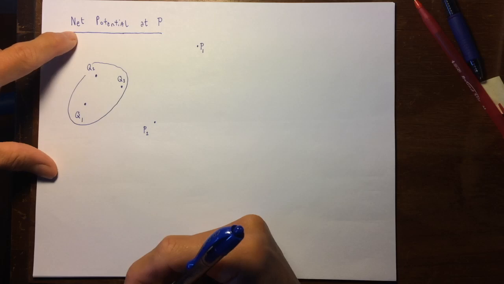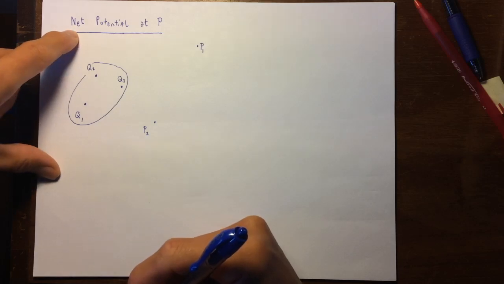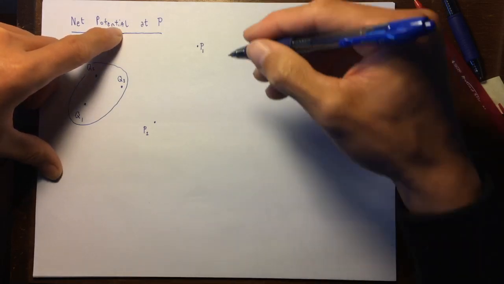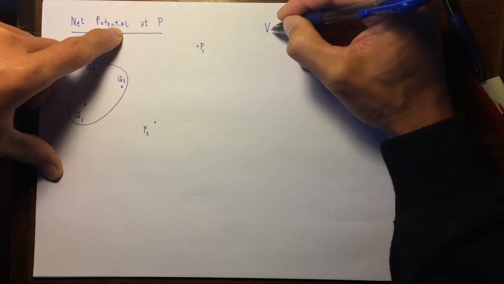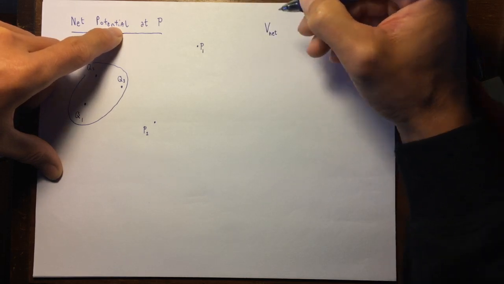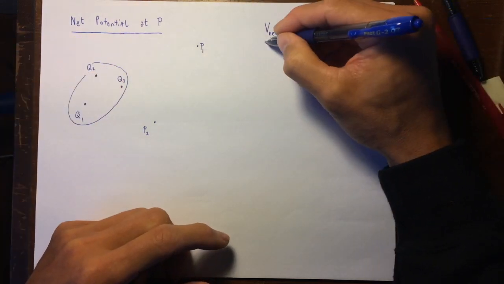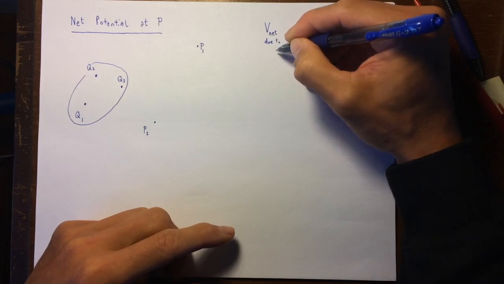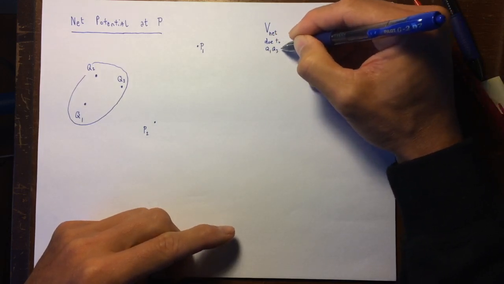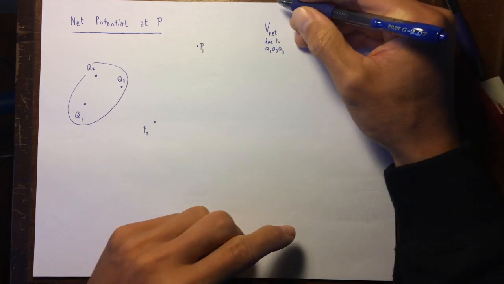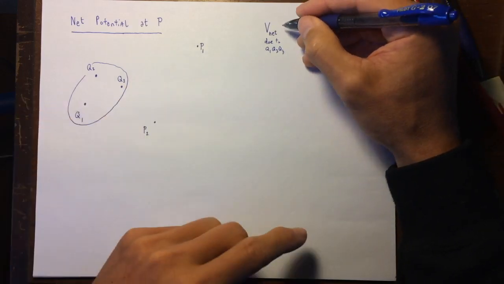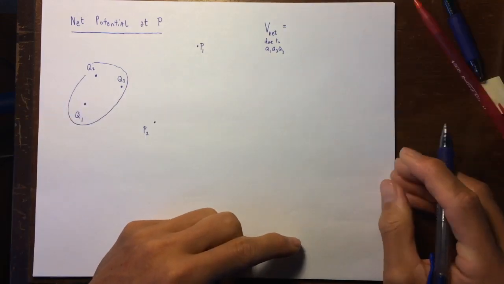So I want to describe how you can calculate the net potential V, due to Q1, Q2, and Q3. This net potential is going to be written this way.